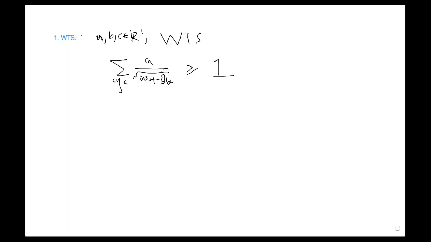The solution I saw on the internet was trivial by Jensen, even though it's not. So I'll explain why it's not trivial by Jensen. Once we move the a to the denominator, that becomes the cyclic sum of 1 over the square root of 1 plus 8 times bc over a squared.